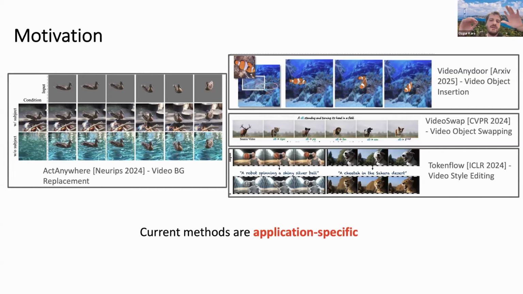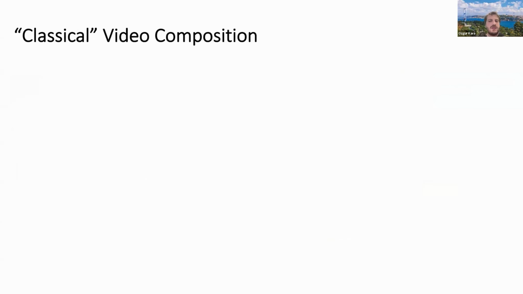But we wanted a more unified approach because all of them are application specific. They are performing tasks that we can count under video composition, but they are still specific applications of the broader task of video composition.